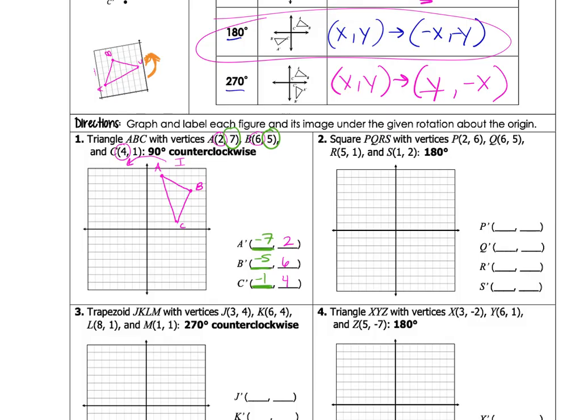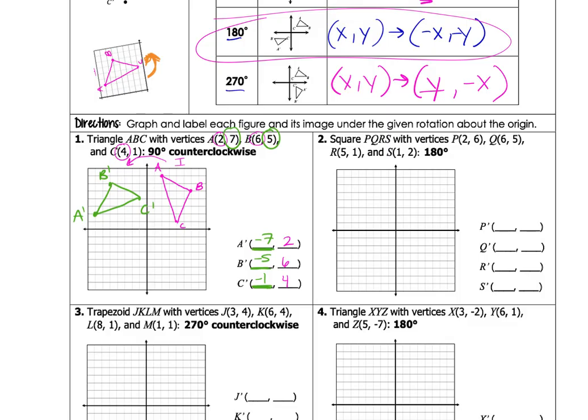Okay, if you plot those points, -7, 1 is your A prime. -5, 1 is your B prime. And then C prime is -1, 1. Remember, they're prime when you're making it the end point, your image. So don't forget to put your little prime there. Questions on that?